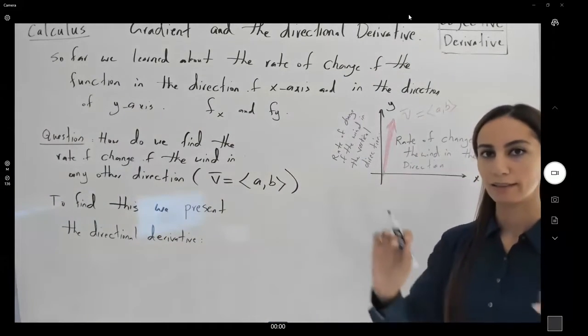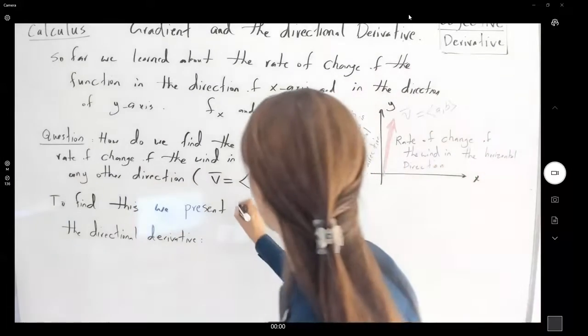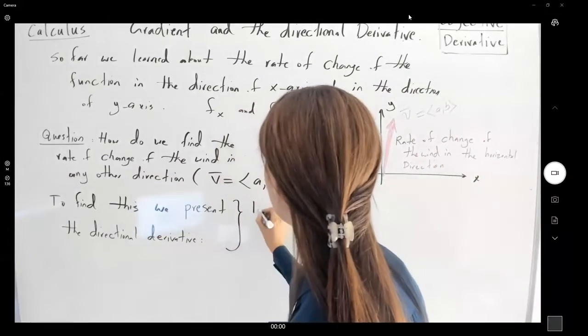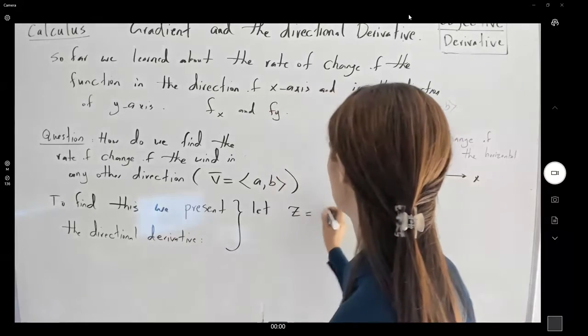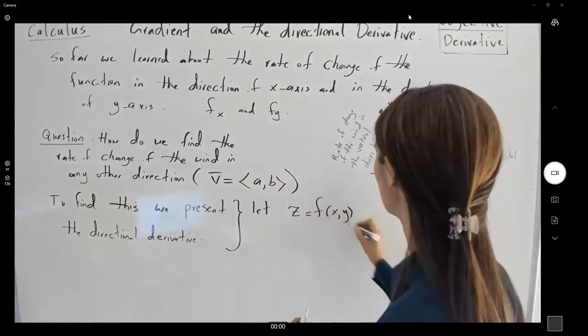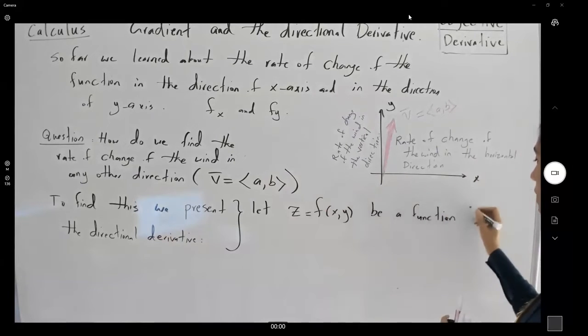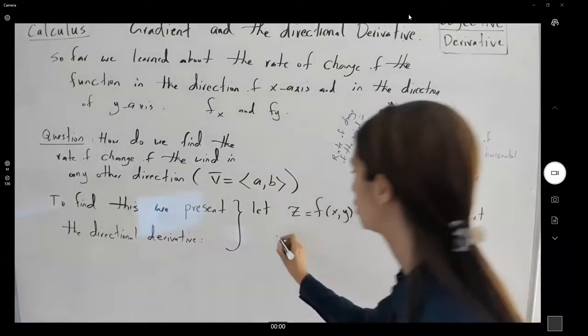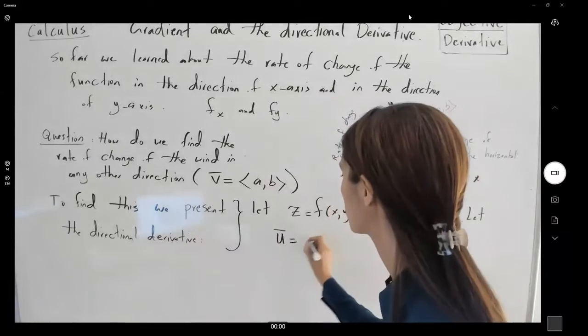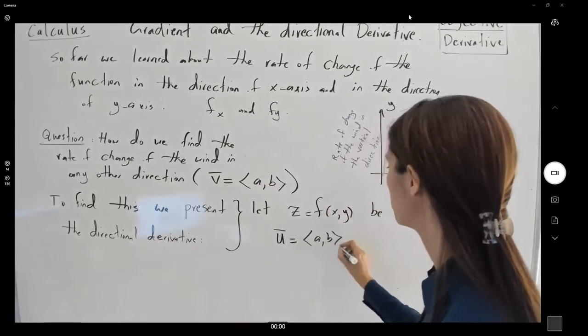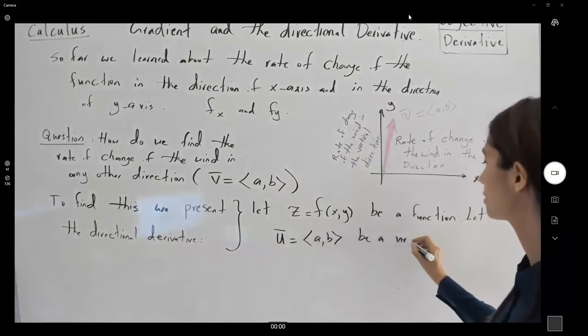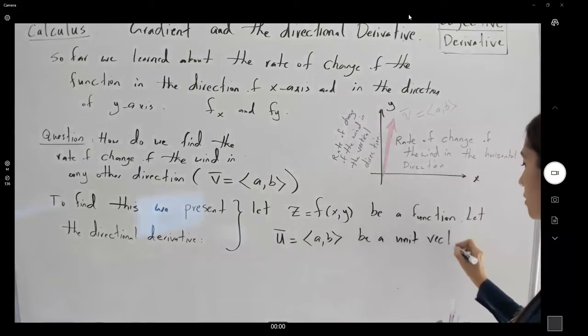So please listen carefully. Let z equal f of x and y be a function. Let u equal a comma b be a unit vector.